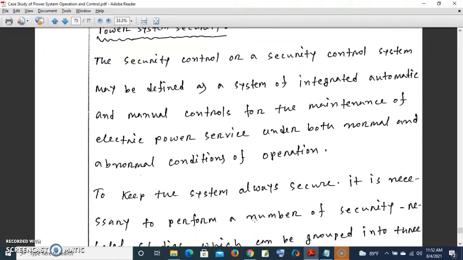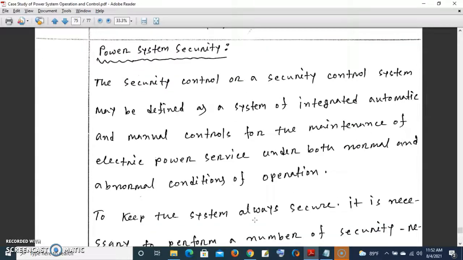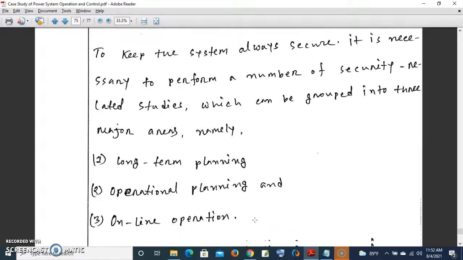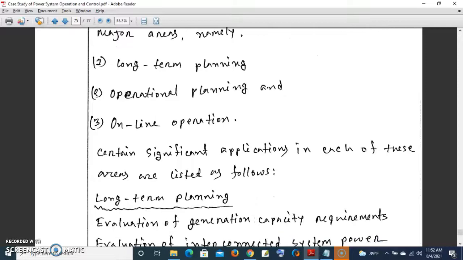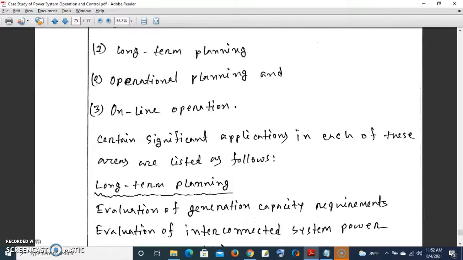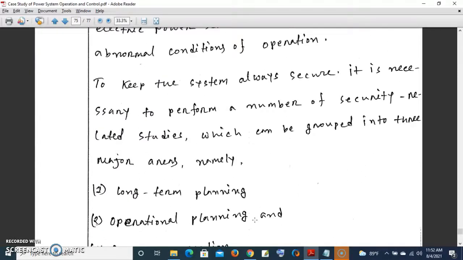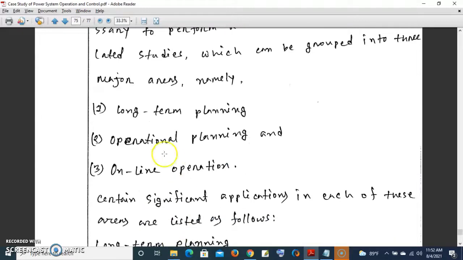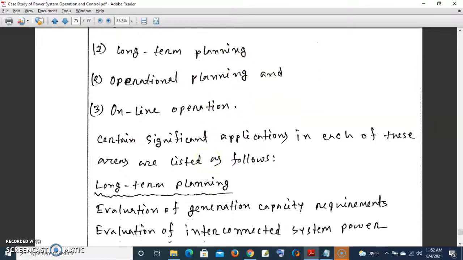Power system security, lesson 11. And here is the application of long-term planning, operational planning and online operation.